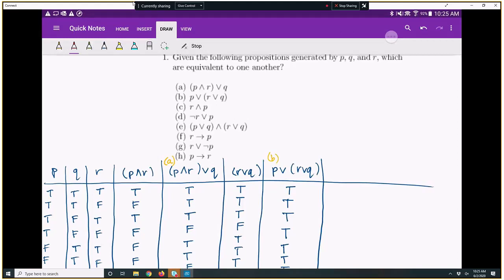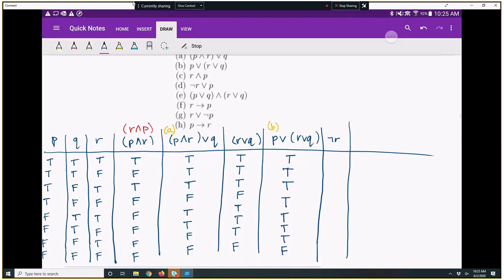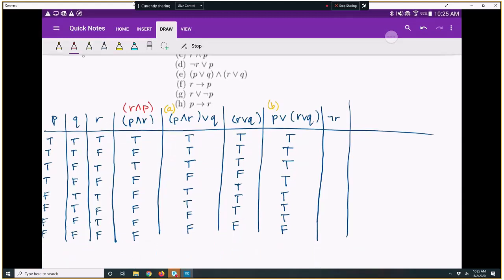So this is also R and P. Then I have not R or P. So I can make a column for not R. Then I'm looking at my column for R, and I'm just going to make these the opposite. So not R should be false, true, false, true, false, true, false, true.